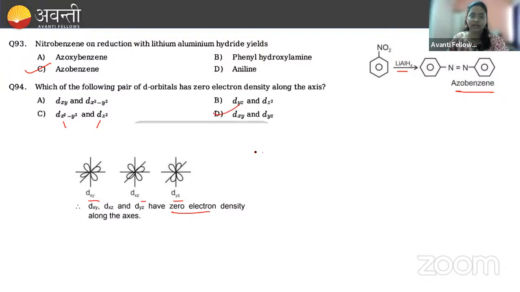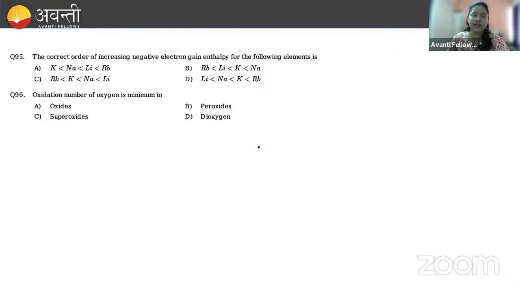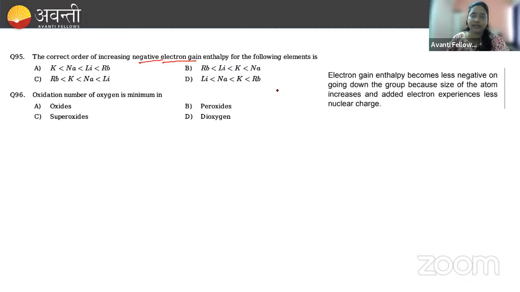Okay, next question. The correct order of increasing negative electron gain enthalpy for the following elements is. We need to find out the electron gain enthalpy. Increasing negative electron gain enthalpy. So electron gain enthalpy becomes less negative on going down the group. Why is this happening?